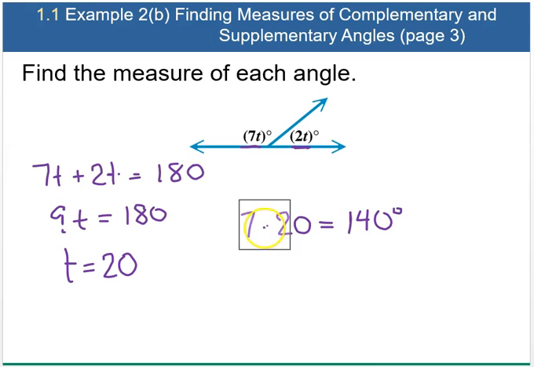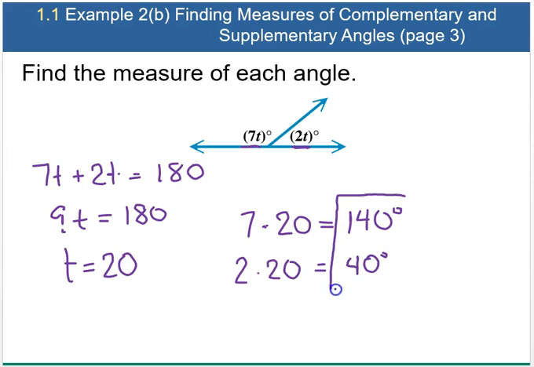And then there, it looks more like a multiplication sign there. Anyway, now 2 times 20 is equal to 40. And there we go. If we add these two up, you'll see that we do have 180 degrees for the total measurement right there.